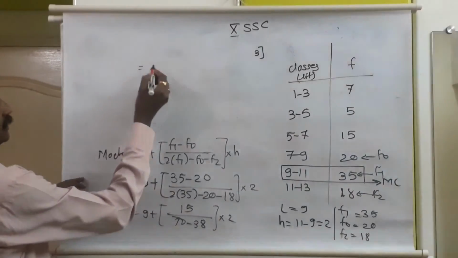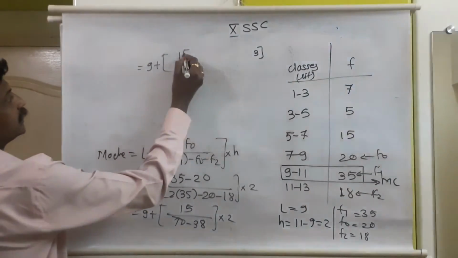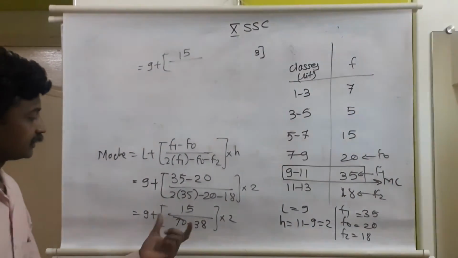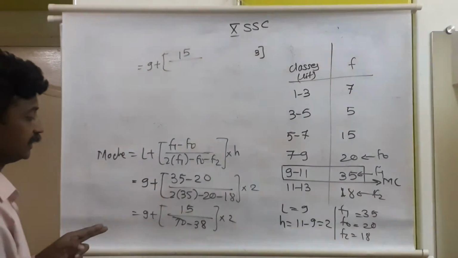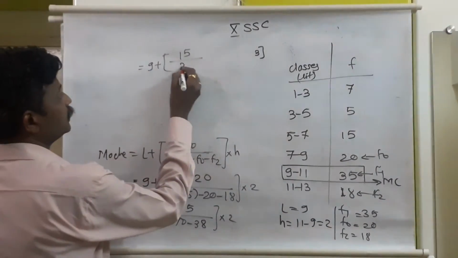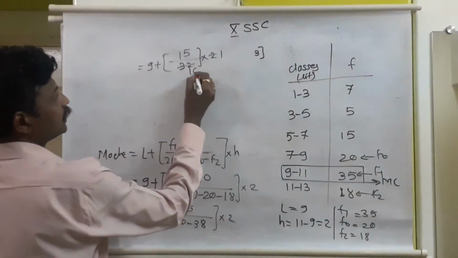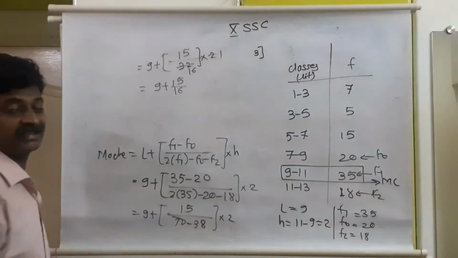We'll continue with here 9 as it is, into bracket, the numerator is 15, the denominator 70 minus 38. The difference between these both, 70 minus 38 gives 32, bracket complete, into 2. 2 16s are 32, so 9 plus 15 upon 16.